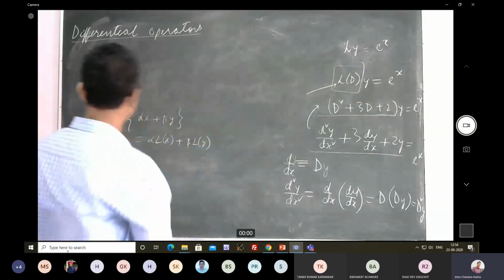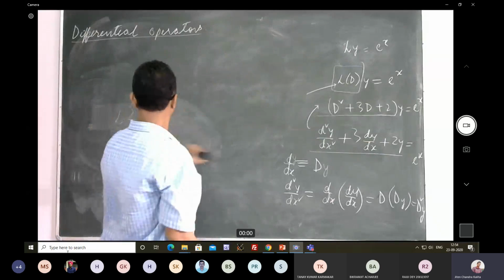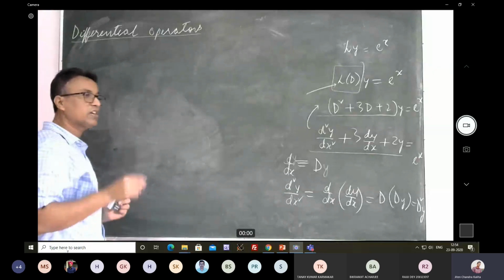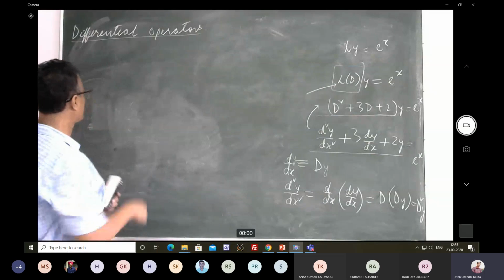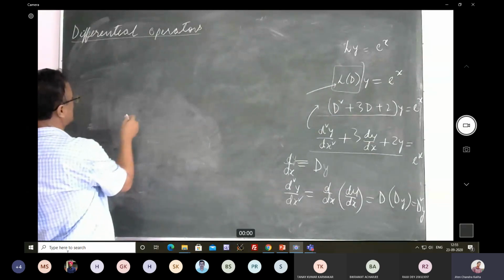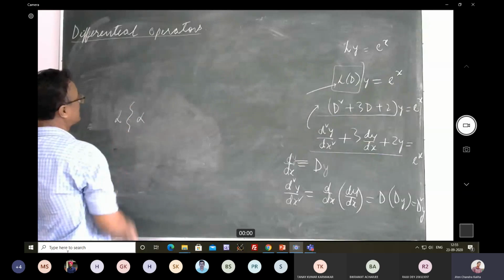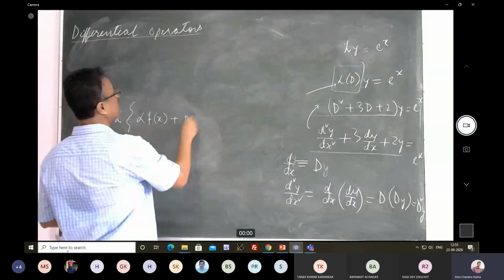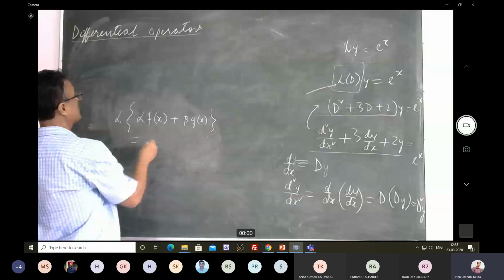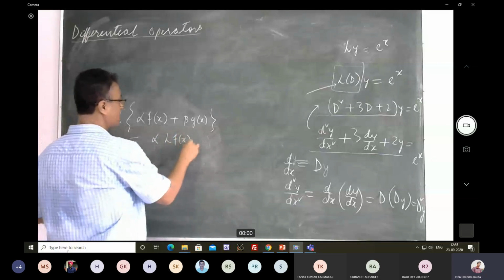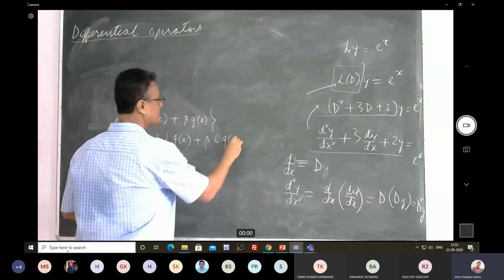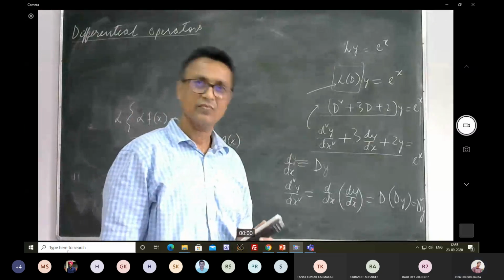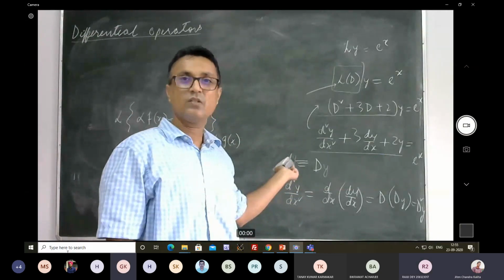But now here, because I am using y as my dependent variable and x as my independent variable, in order to prove the linearity of the operator, I take two functions, and if you can get L(αf(x) + βg(x)) equal to αL f(x) plus βL g(x), then the linearity will be proved. Is it okay? Fine. You already know it.